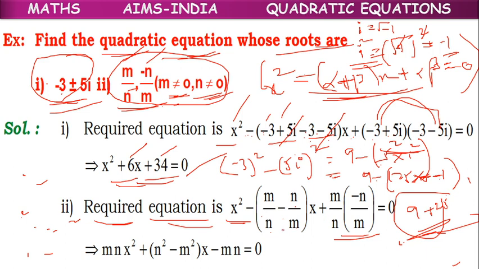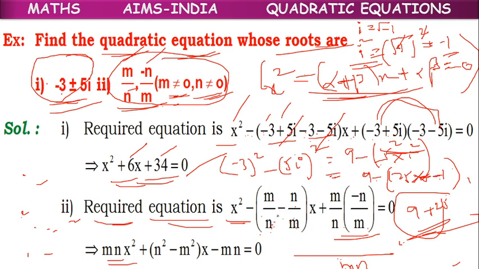Product of the roots. What is the LCM here? m into n, mn. LCM is mn. So mn into x square, mn x square. So m is remaining here.